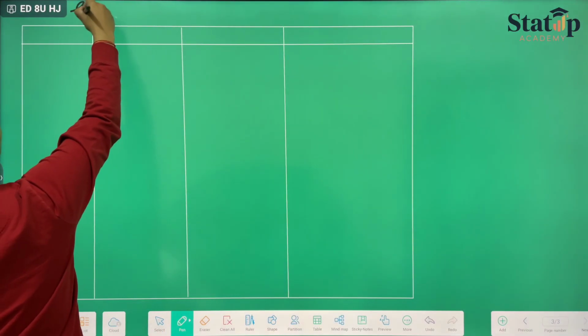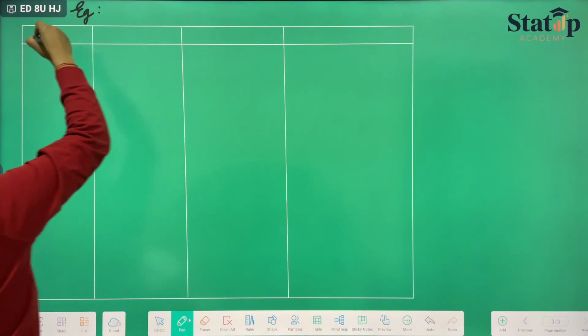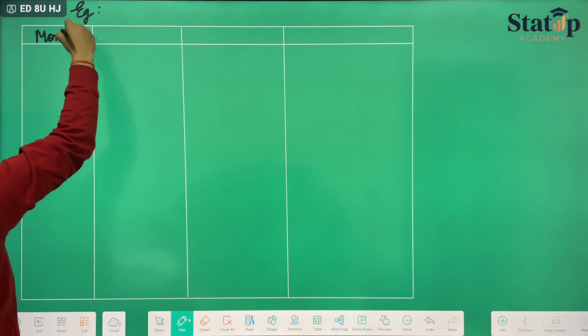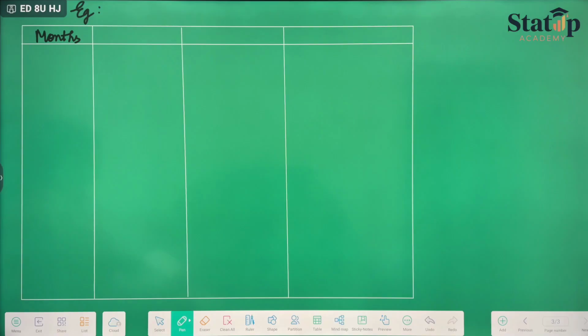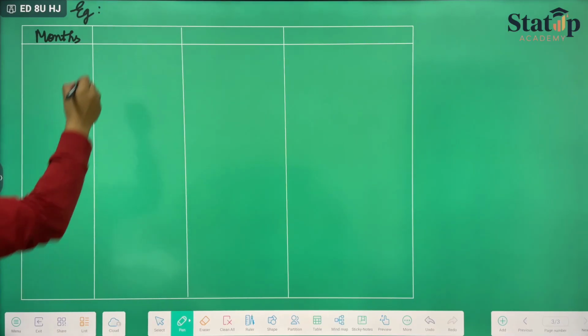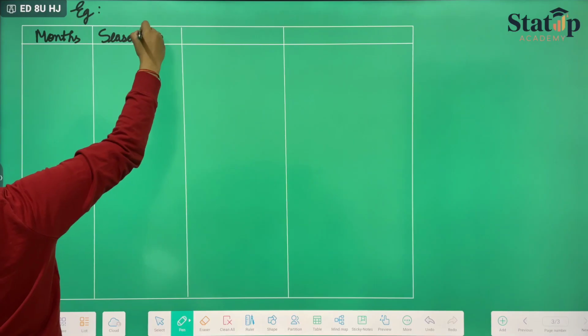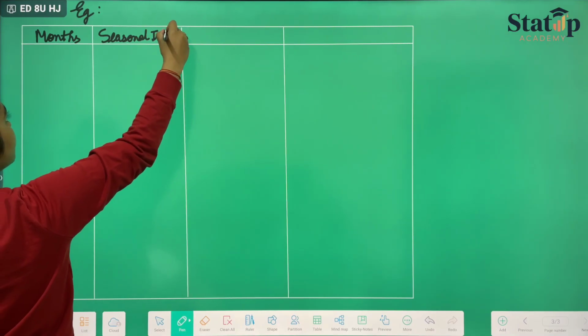this is an example in which we have been given months, and then we have been provided with a seasonal index. I'm writing seasonal index.